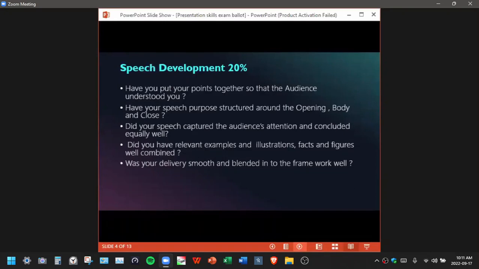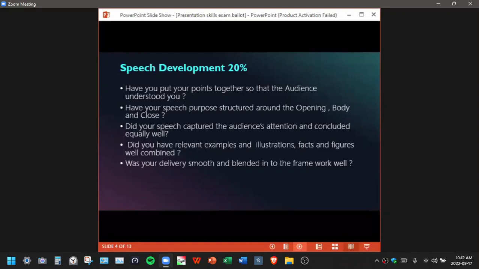So this is how your marks are divided. Out of 100, 20 marks are allocated for speech development.